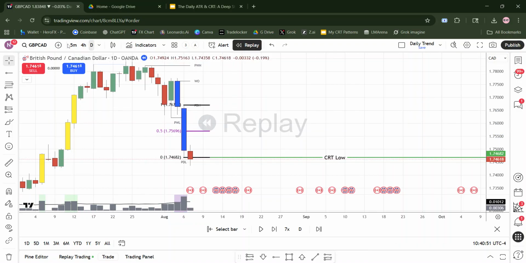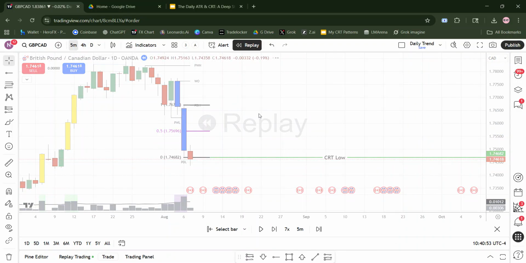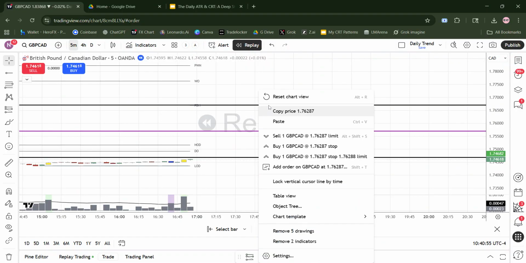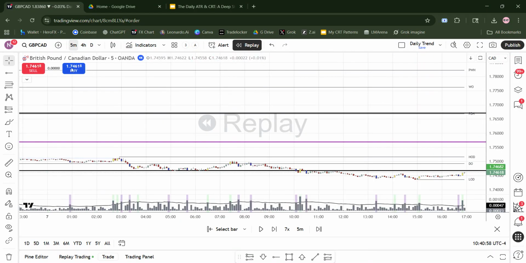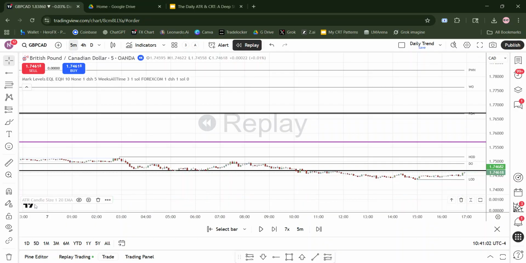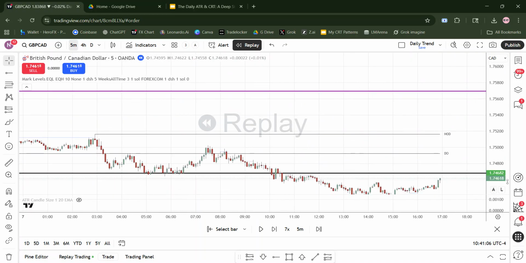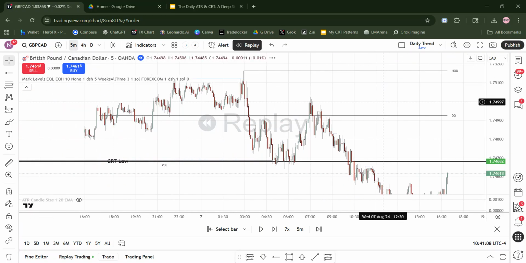Now this one may have been a near miss, and it's up to you how strict you want to be, because sometimes the momentum will start to pick up, but it may continue on through the next day.